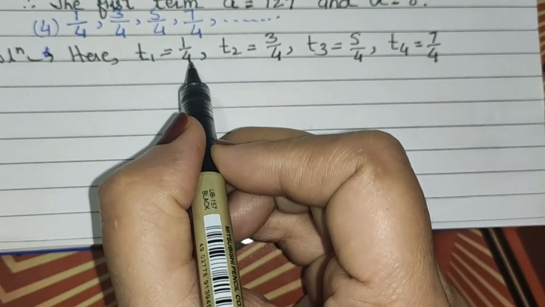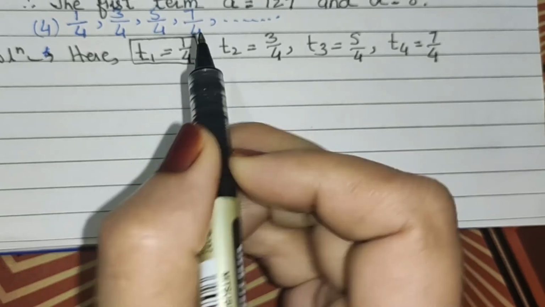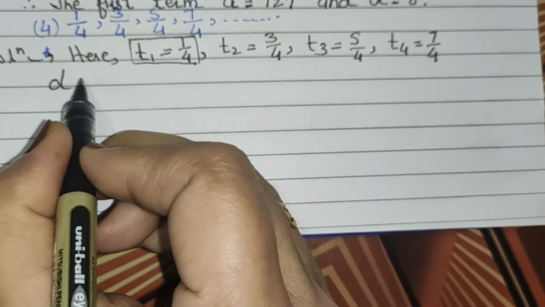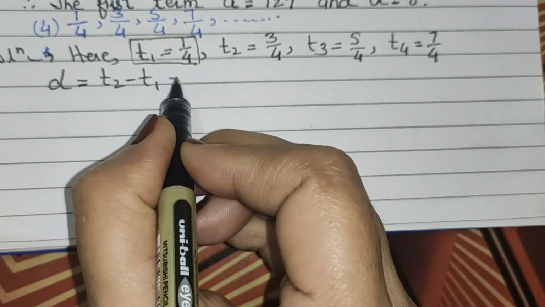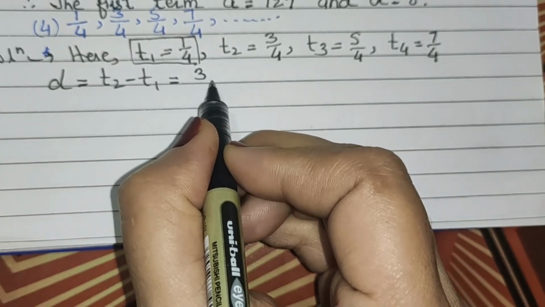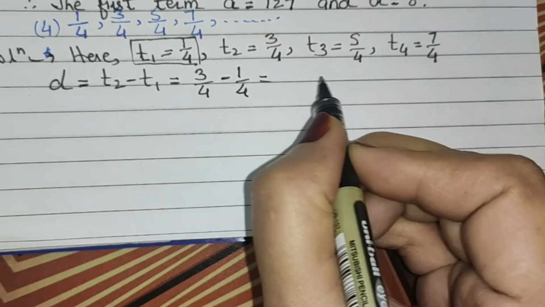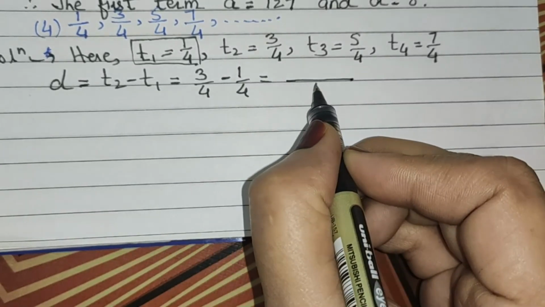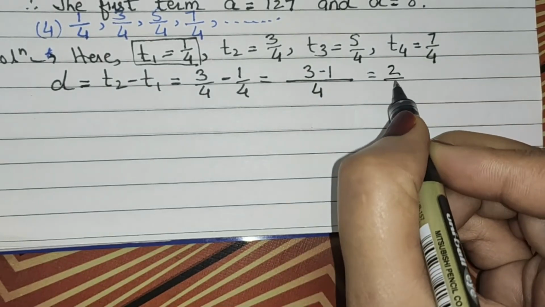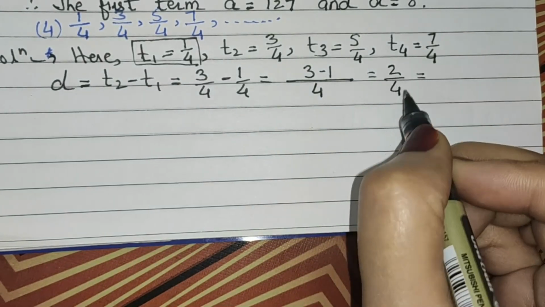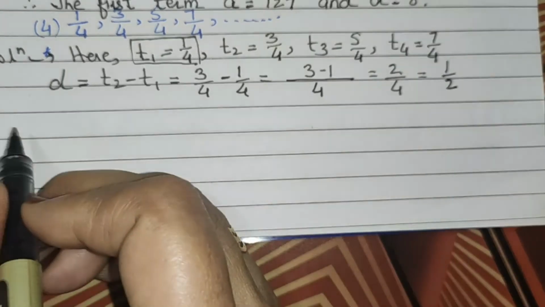Now here the first term is 1 upon 4. Now find out the common difference. The value of D is equal to T2 minus T1. Now the value of T2 is 3 upon 4 minus 1 upon 4. Now take the LCM, 4, 3 minus 1. We get 2 upon 4. Cancel it, 2 ones are 2, 2 twos are 4. Therefore the value is 1 upon 2.